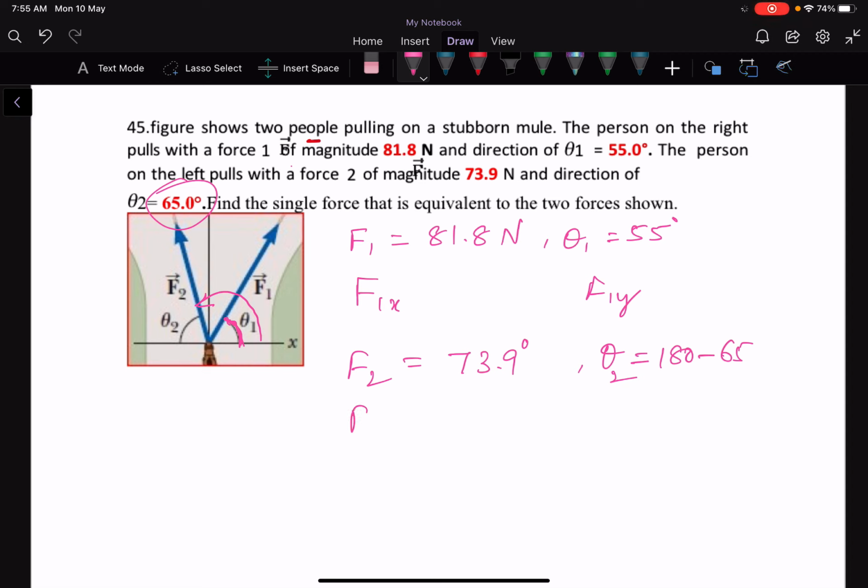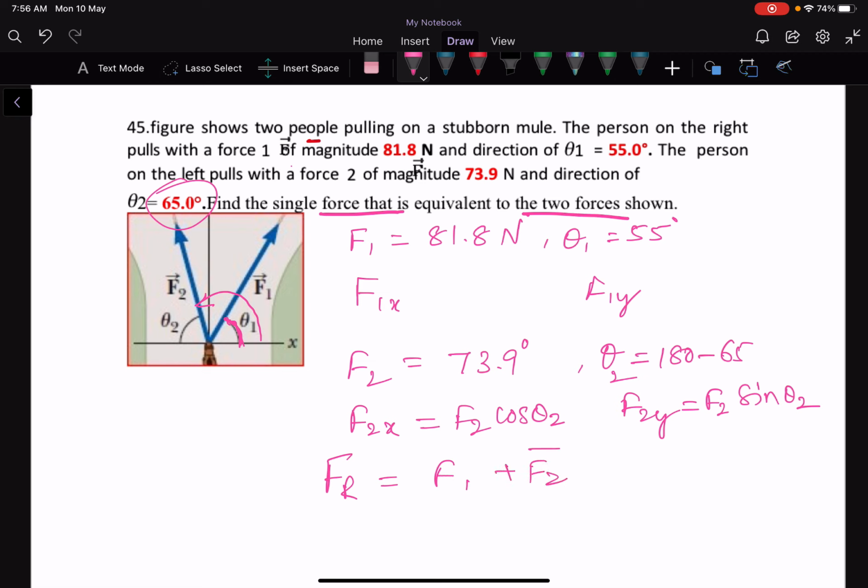Okay, so you can simply find out F2x is F2 cos theta 2, and F2y is F2 sin theta 2. So find the single force that is equivalent to these two forces. Single force F resultant equals F1 plus F2 in vector components.